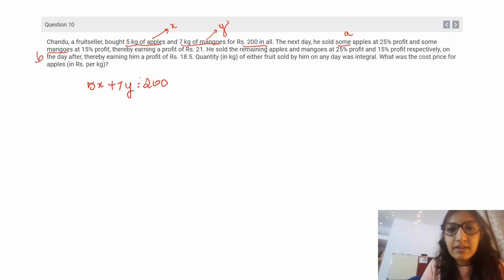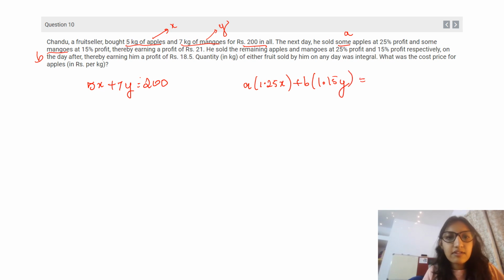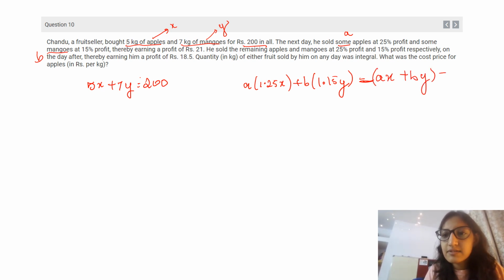He sold them at 25% profit and mangoes at 15%, and the total profit he earned is 21. So the cost price for this will be AX plus BY. So this gives you 0.25 AX plus 0.15 BY is equal to 21.